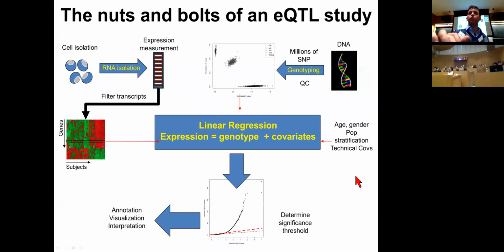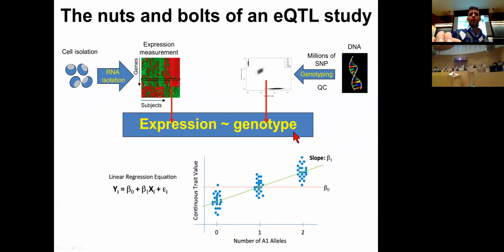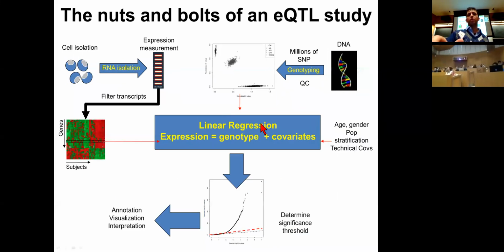And then there's all kinds of covariates, okay? And that's extremely important. In this particular case, expression is only influenced by genotype. But in reality, expression is influenced by genotype and all kinds of environmental factors. These environmental factors include your age, your gender, some population stratification, all kinds of technical covariates, as we saw.